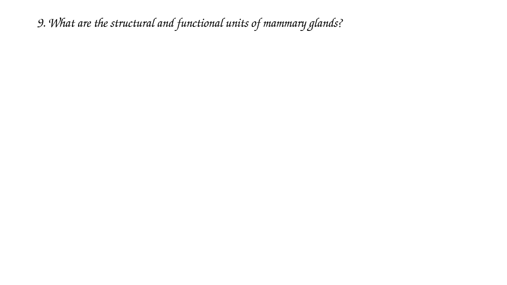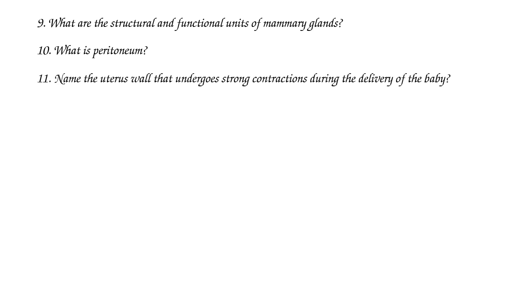Ninth, what are the structural and functional units of mammary glands? 10th, what is peritoneum? 11. Name the uterus wall that undergoes strong contractions during the delivery of the baby.